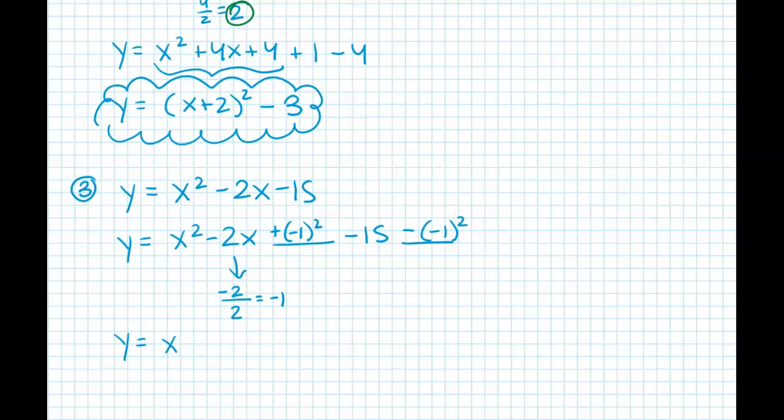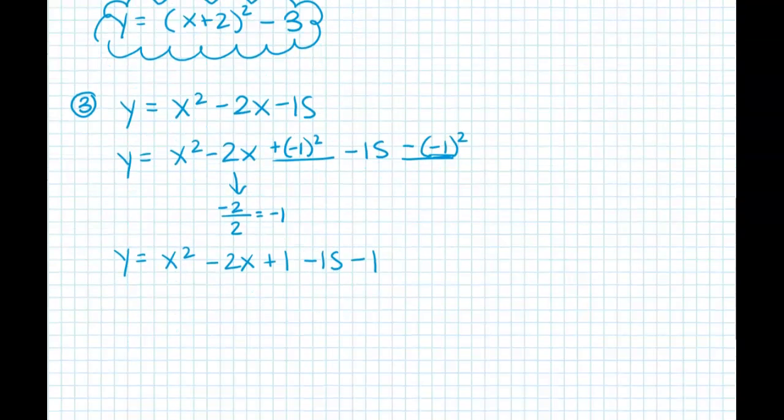So this is y equals x squared minus 2x. Negative 1 squared is 1, so we have plus 1, minus 15, and minus 1. Now, x squared minus 2x plus 1, since this value is negative 1, is x minus 1 squared, because it's x plus negative 1 squared.